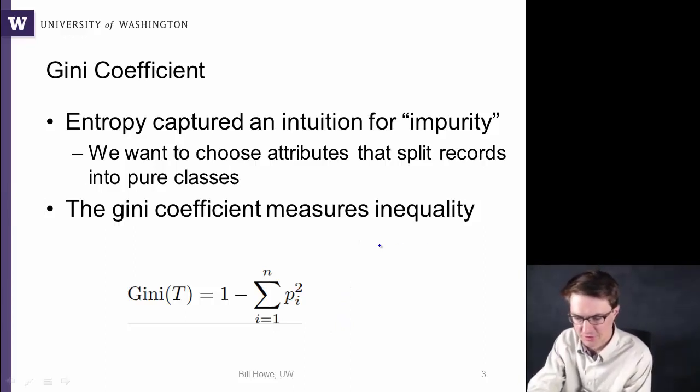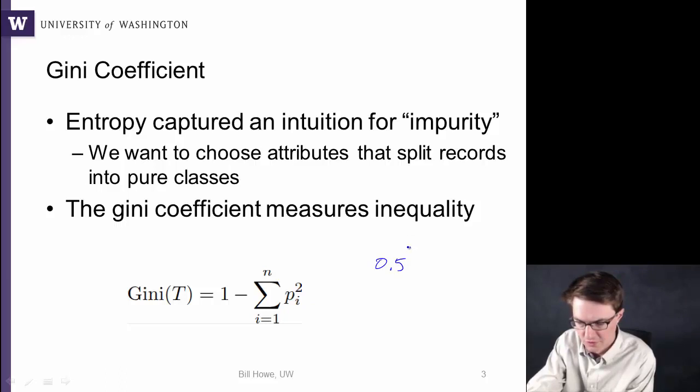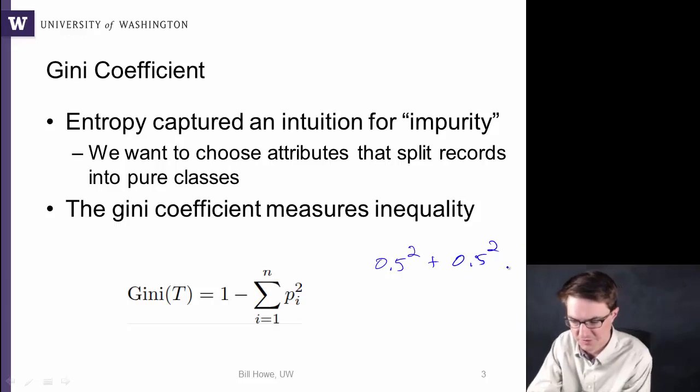We're not necessarily going to derive this, and there's actually varying notions of how to compute the Gini coefficient in general, but if you think about how this is behaving, if you have probability 0.5, then square that and it'll be plus 0.5 on the other side. Say we have a binary class, so just survived and not survived. Then this will be 0.25 plus 0.25, which is 0.5.